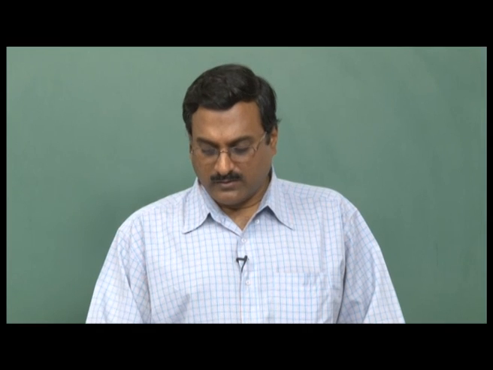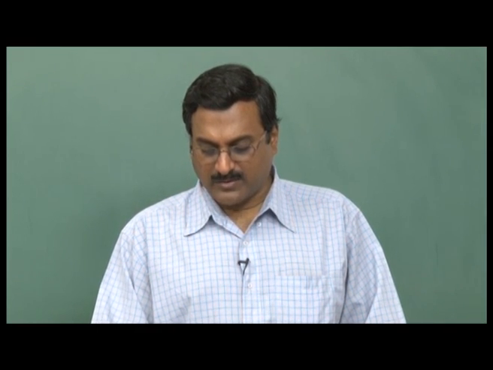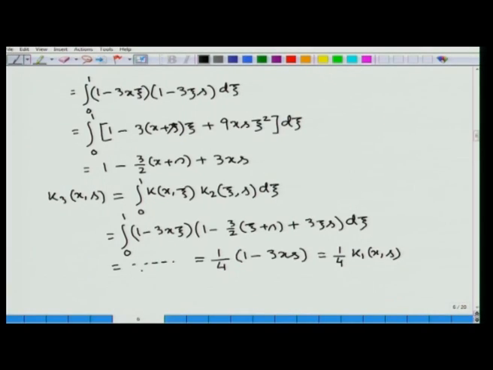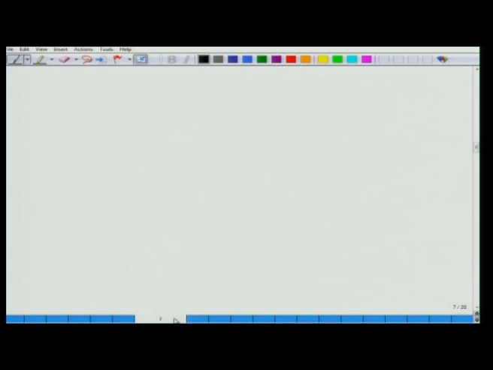What we have assumed as k1(x,s) is actually your given kernel k(x,s). So, with this result, that is k3(x,s) equal to 1/4 multiplied with k1(x,s), you can calculate k4(x,s). Now, k4(x,s) is equal to the integral from 0 to 1 of k(x,ξ) k3(ξ,s) dξ.